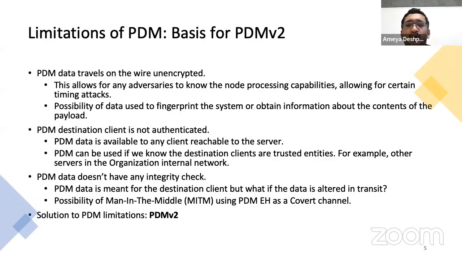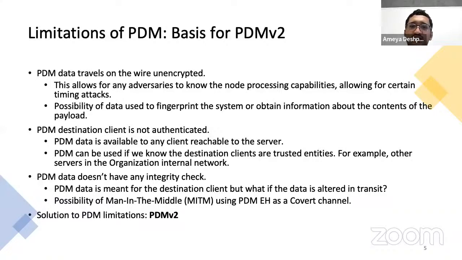Now, considering all the benefits of PDM which I mentioned in the previous slide, there were some limitations which were mentioned in the security section. The three limitations broadly were that the data which we mentioned before, the round trip times and the sequence numbers, were going unencrypted on the wire.